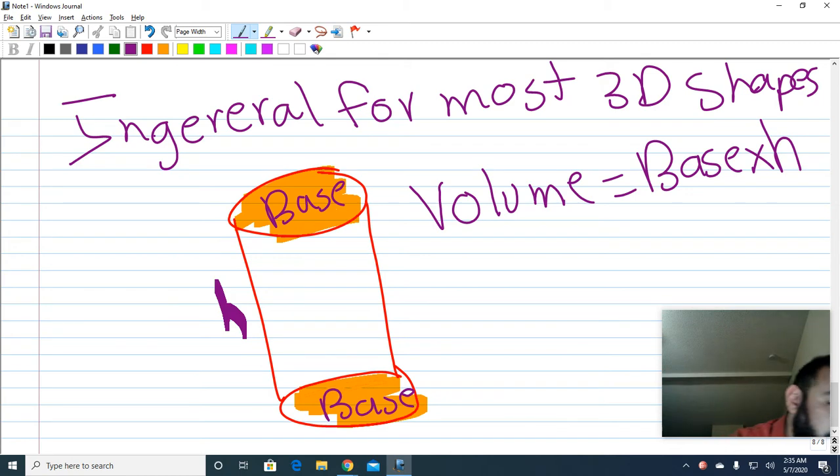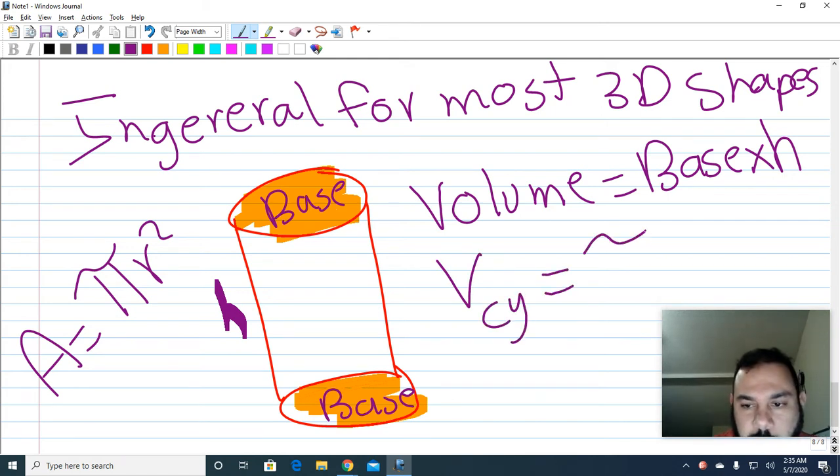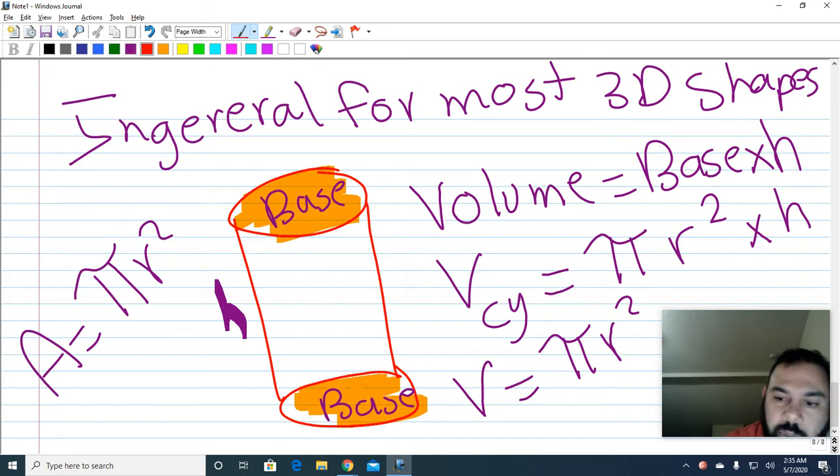Remember that the area of a circle is pi r squared. So the volume of a cylinder will be equal to pi r squared multiplied by h. So V equals pi r squared, which we have memorized before, and add the h. And that is it for a cylinder.